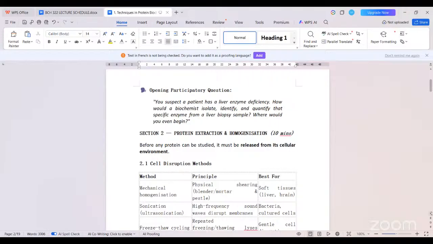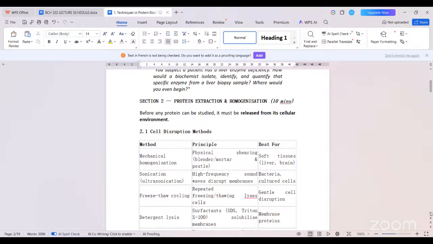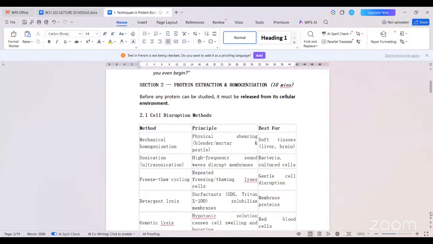And how do we break the cell wall? Because proteins are very delicate, care must be taken not to denature or destroy the protein of target. So there are different methods used in disrupting a cell membrane. Mechanical homogenization is often used. That's the use of a blender. Please note, depending on the protein of interest, it's often said that once the protein loses its structure, it loses its function.